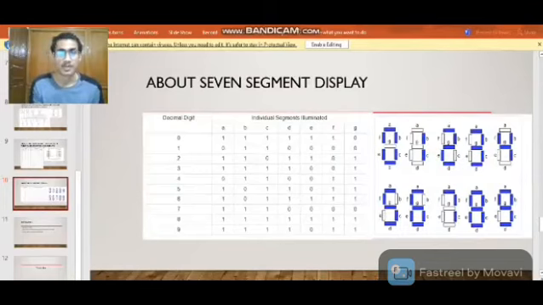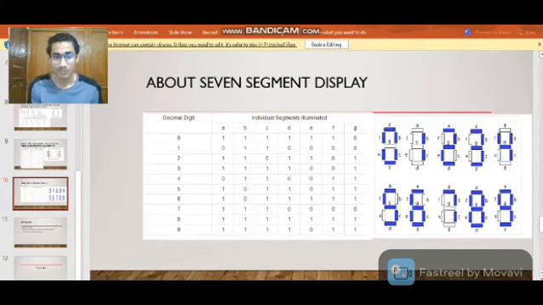Hi everyone, my name is Shahidul Hassan. Today I am going to present the 7-segment display, which shows the decimal numbers 0, 1, 2, 3, 4, 5, 6, 7, 8, 9 and also displays A, B, C, D, E, F, G. For 0, segments A, B, C, D, E, F are on except G. So G is 0 and A, B, C, D, E, F are 1.